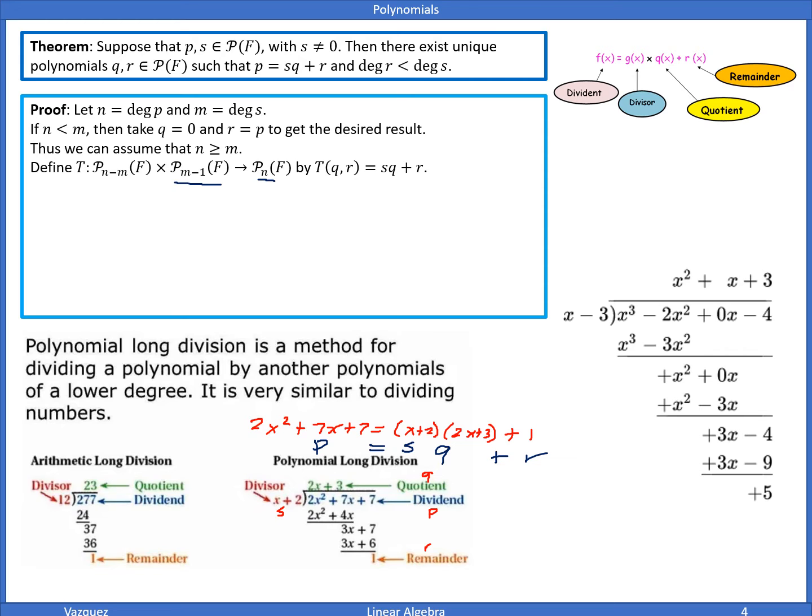It maps to P sub n of F. And this is how we do it: T of (Q, R) is equal to SQ plus R. So if Q and R are in the null space, then SQ plus R must equal 0, which implies that Q and R must be 0. Therefore, the dimension of the null space is 0.